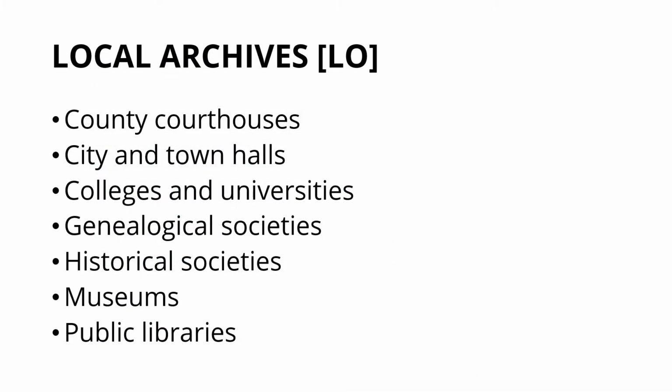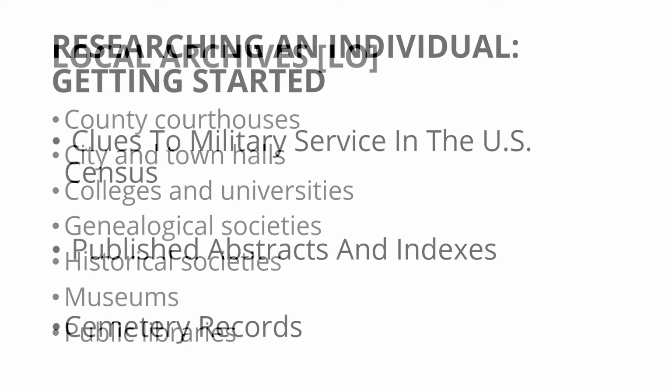There are thousands of local archives around the country. Any of these local institutions may have collections of documents, maps, audiovisual materials, or databases related to people who lived in their area. They may contain important sources for your ancestors' story.